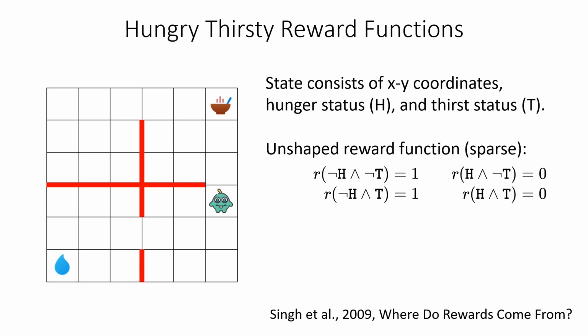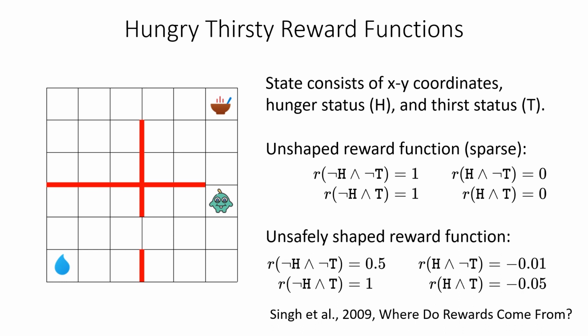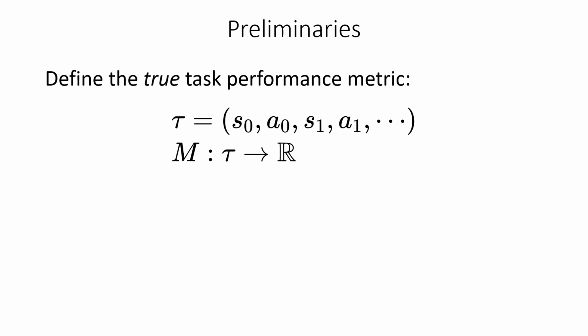A candidate reward function for this environment is a sparse reward function, 1 if the agent has sated hunger and 0 otherwise. But there are other reward functions which maximize the overall objective of eating as much as possible. For example, here's an unsafely shaped reward function which encourages the agent to learn to drink as a subgoal before learning to eat. To introduce our experiments, we need to establish some preliminaries.